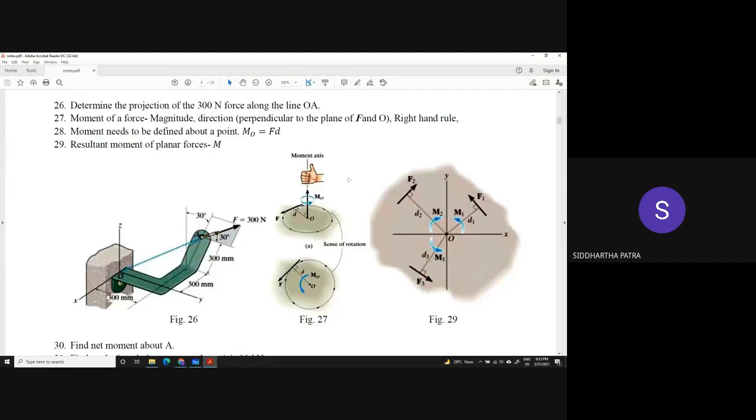Okay. If all the moments are forming on the same plane, that means all of them have the same normal. So all I'm doing is stating the obvious, that in that case, simply the algebraic sum of the moments would give me the resultant moment. If that is not the case, then I should be doing a vector sum. Okay. And that vector sum would give me the resultant tendency of rotation.